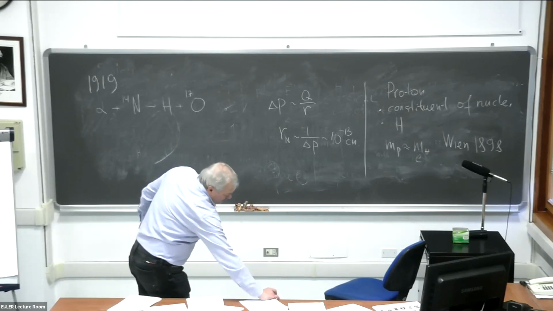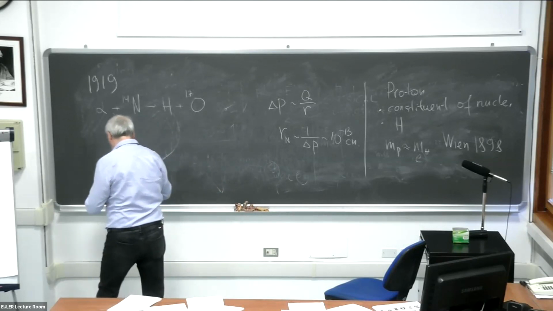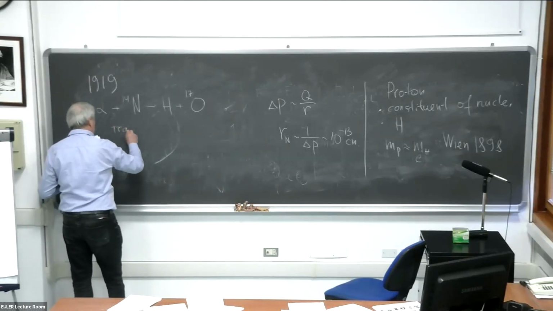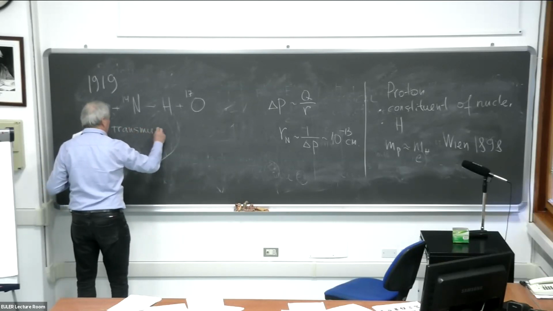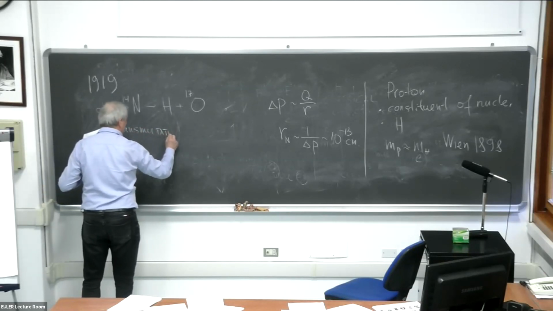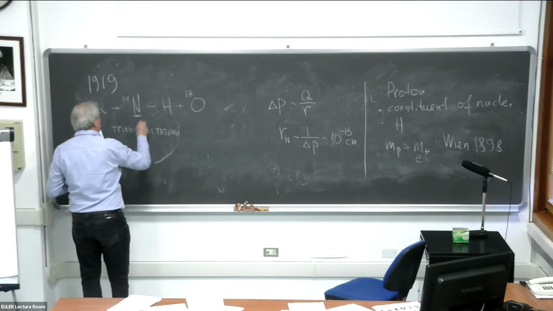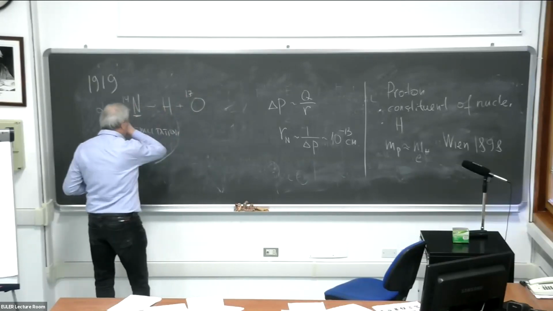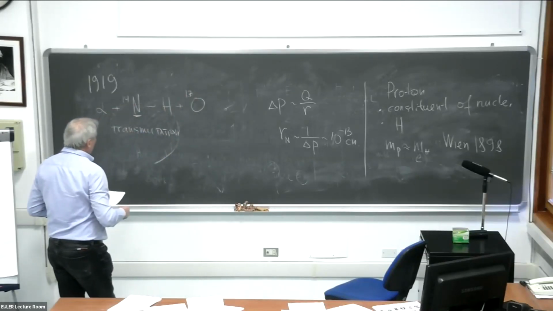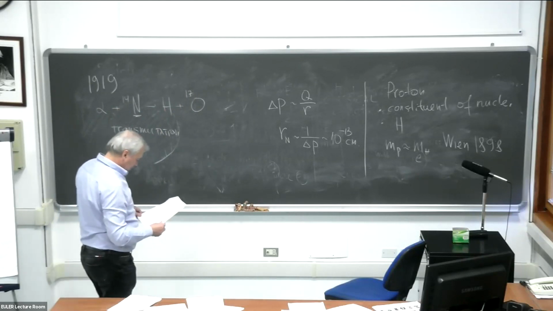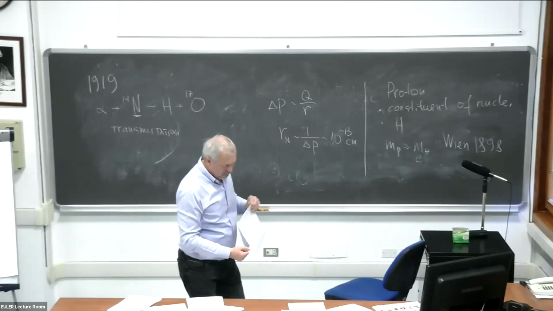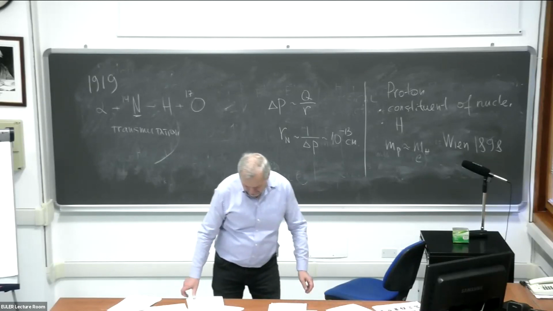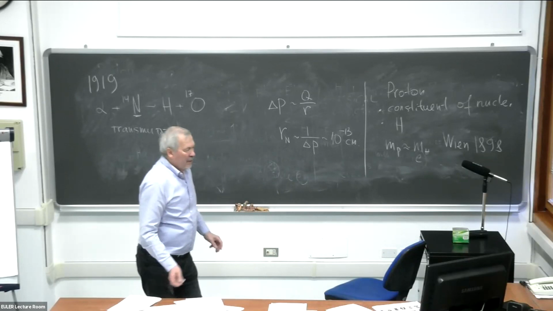That process was called transmutation. Let me write this. Observe this transmutation of elements. So nitrogen was transformed into oxygen, and there was emission of a hydrogen atom. So that is considered a discovery of the proton. Questions?